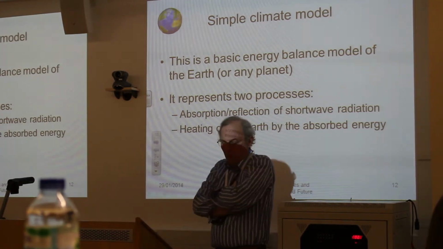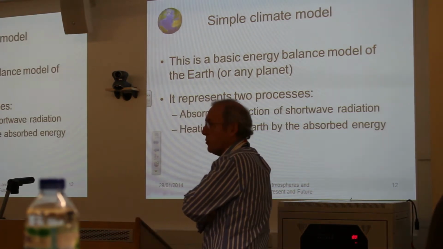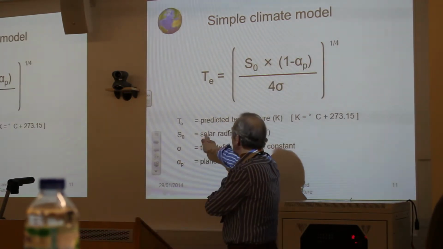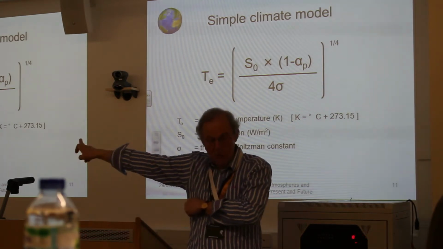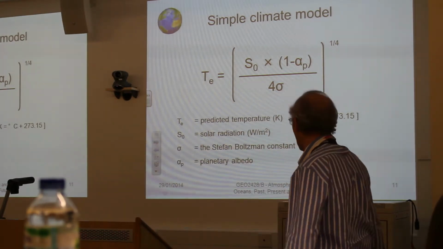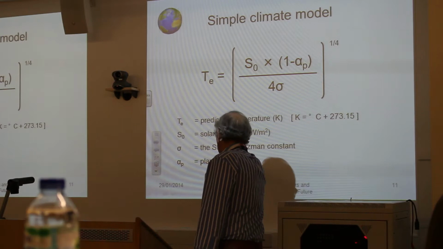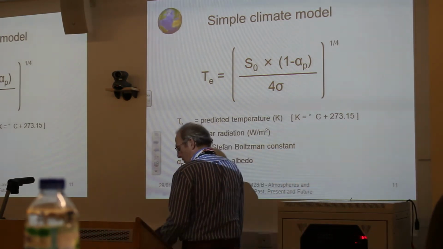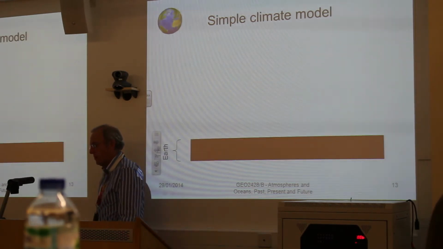Basic energy balance model. Very simple, represents two processes: incoming driving solar radiation, the energy that's flying in, and albedo, the degree to which reflection from the surface is taking place.